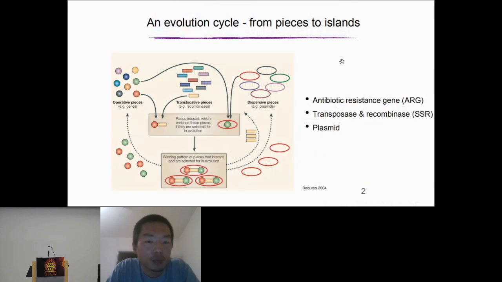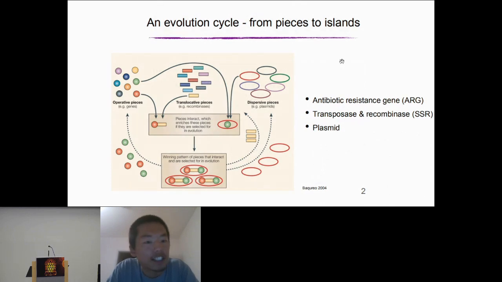Furthermore, the combinations will interact with plasmids. During evolution, if there is selective pressure, the combinations will accumulate in plasmids and form specific patterns, which I call resistance islands.